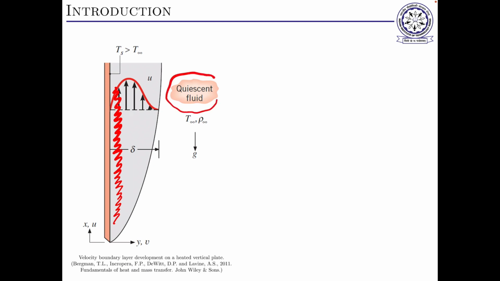The remaining area is taken to be quiescent, which means undisturbed, and because of the decrease in density the fluid moves up, and this bulk motion is responsible for the cooling effect or the heat transfer which is happening.